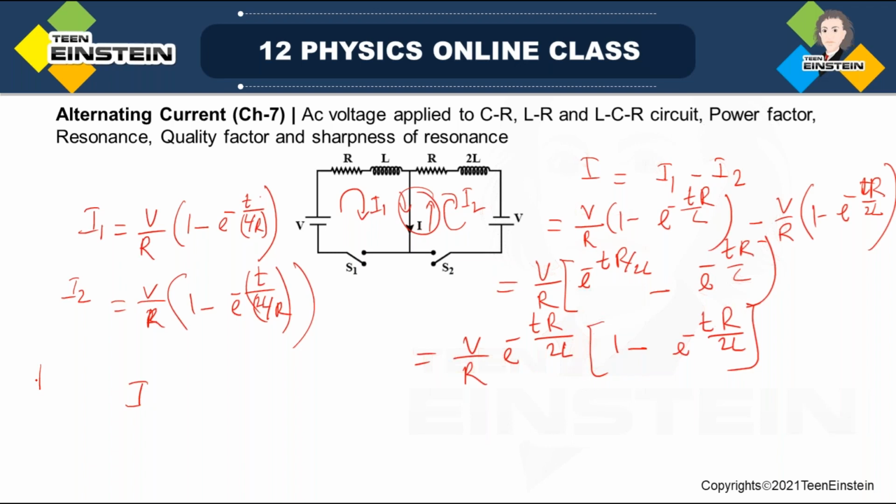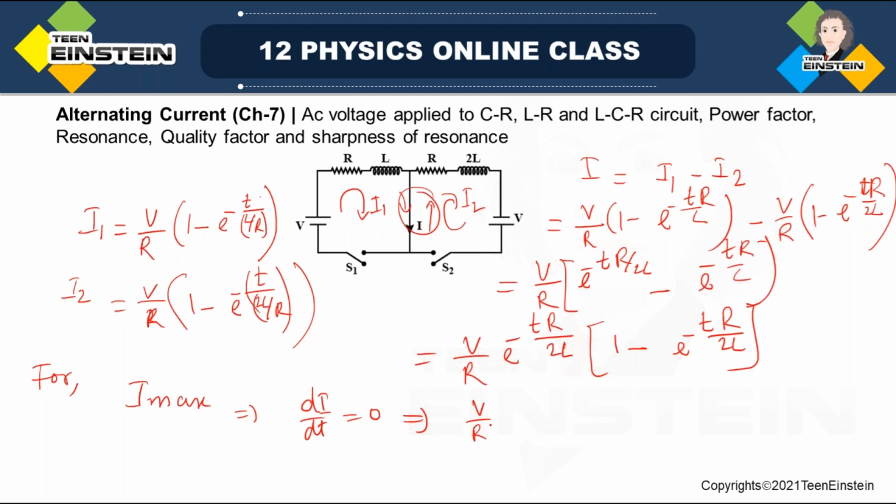So for Imax, we can write di by dt to be 0. If you just do this time derivative and make it 0, look what we get.